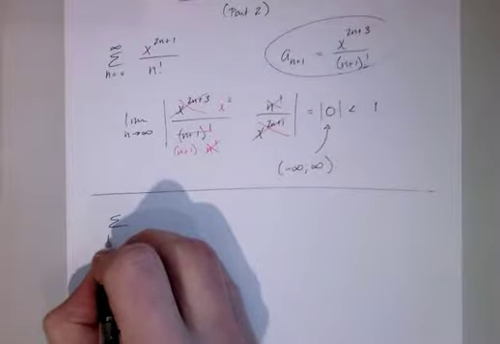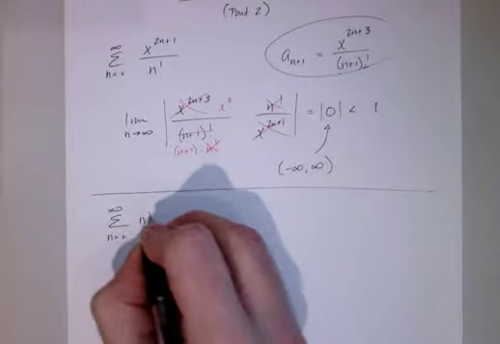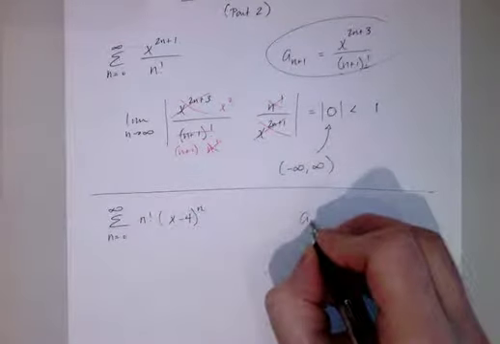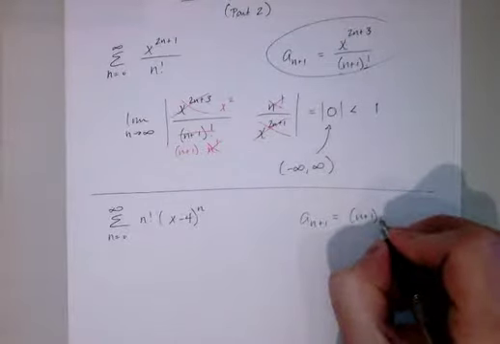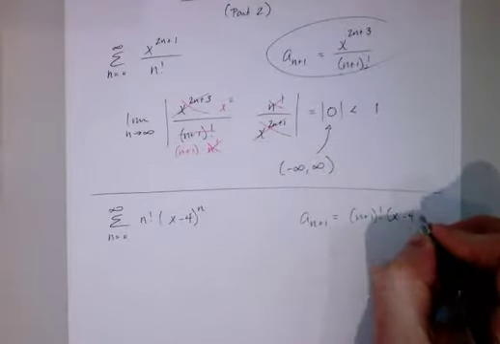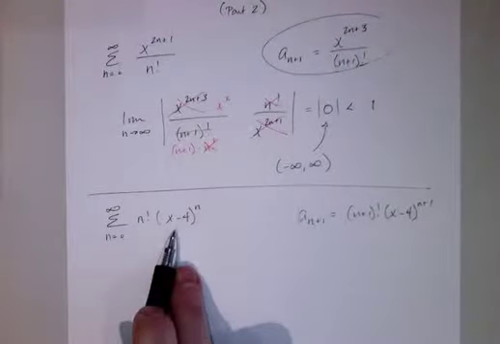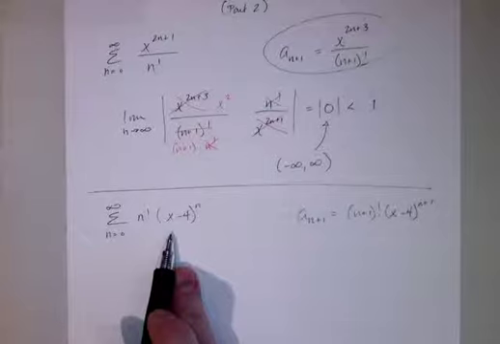The sum from n equals 0 to infinity of n factorial times (x minus 4) to the n. And a sub n plus 1 is going to be n plus 1 factorial times (x minus 4) to the n plus 1. Now, the fact that it's x minus 4 means that the center of this power series is what's called centered at 4, meaning 4 is the value that gives you a 0, okay?